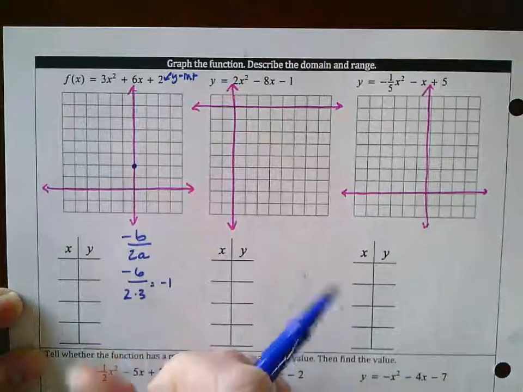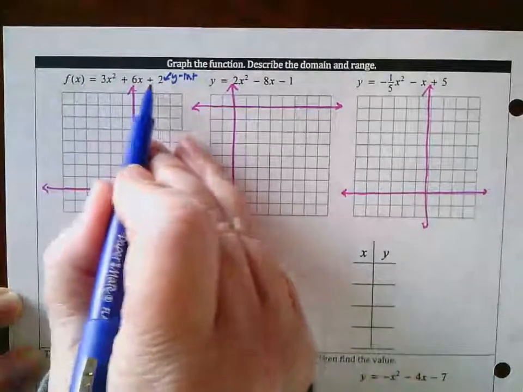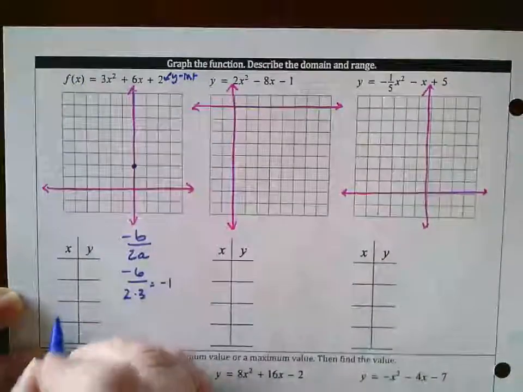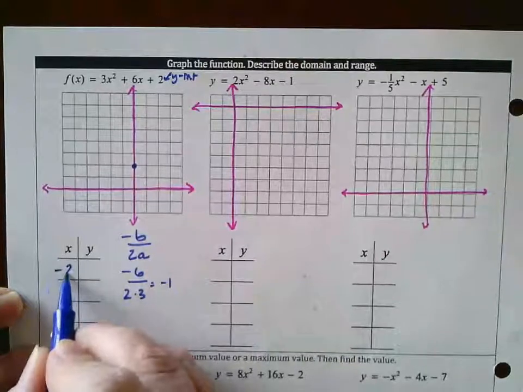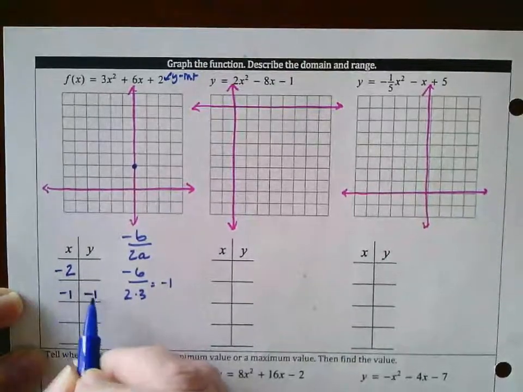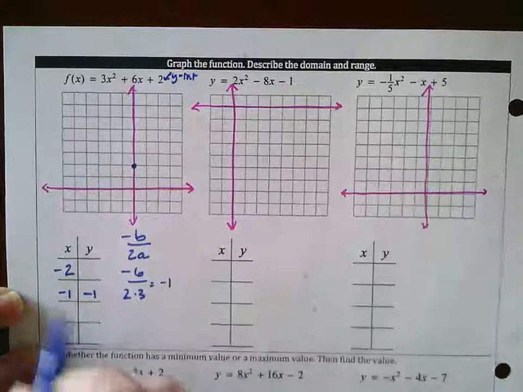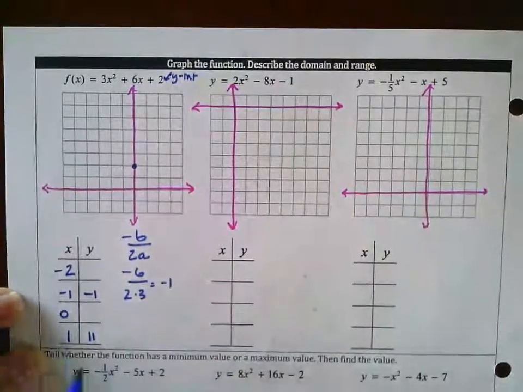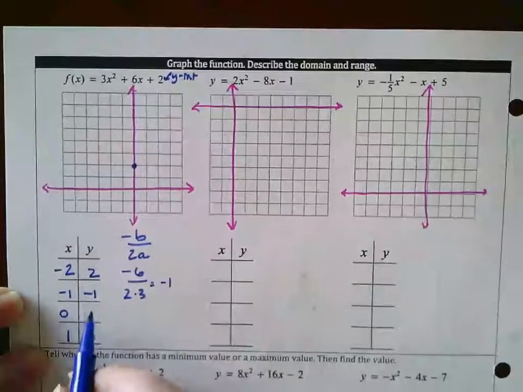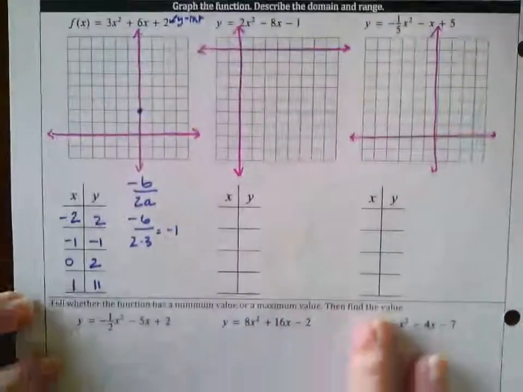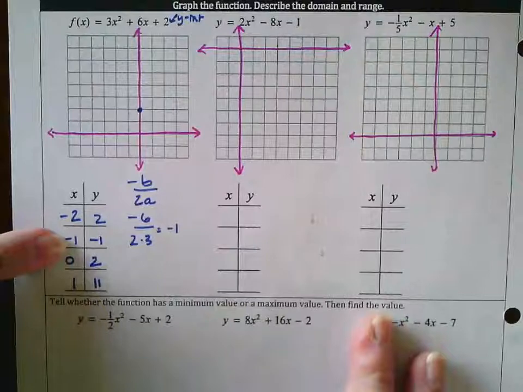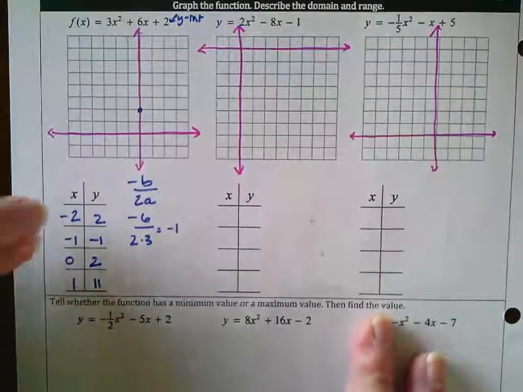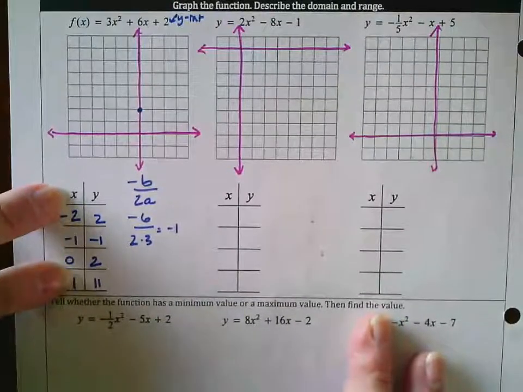So at negative 1, if I plug a negative 1 in here, I get negative 1. And so from that point, I know that everything else is going to be symmetric. So if you take a look at the numbers that I put here, this is my vertex. Everything after that is symmetric.